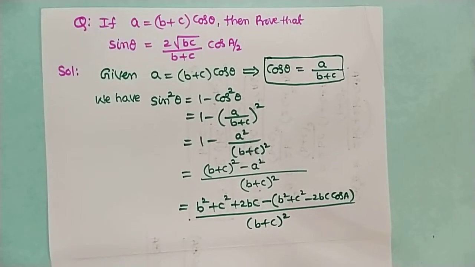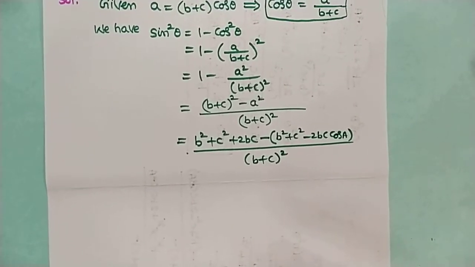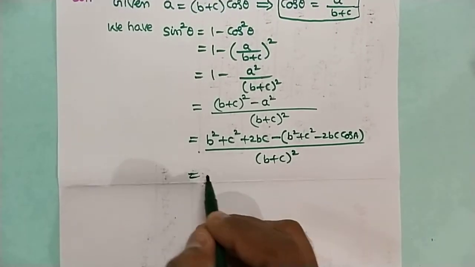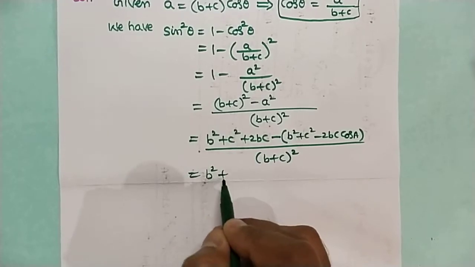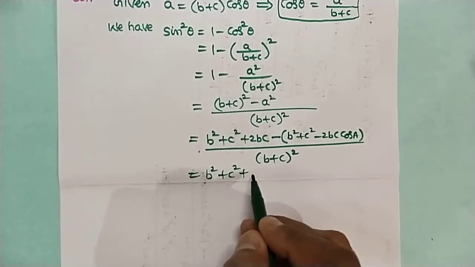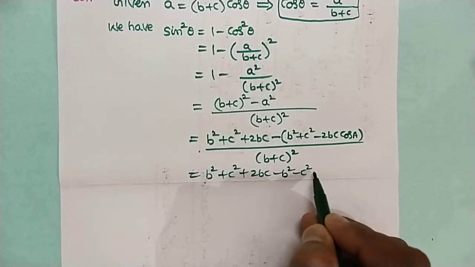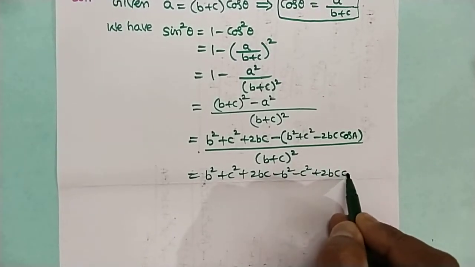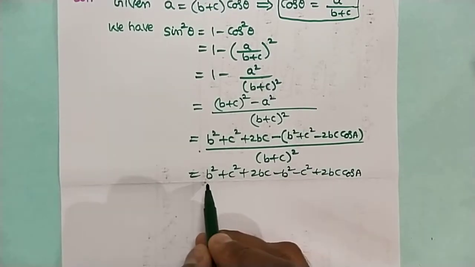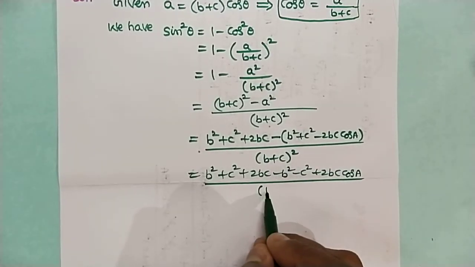Now simplify. b square plus c square plus 2bc minus b square minus c square plus 2bc cos A, whole divided by (b plus c) whole square.